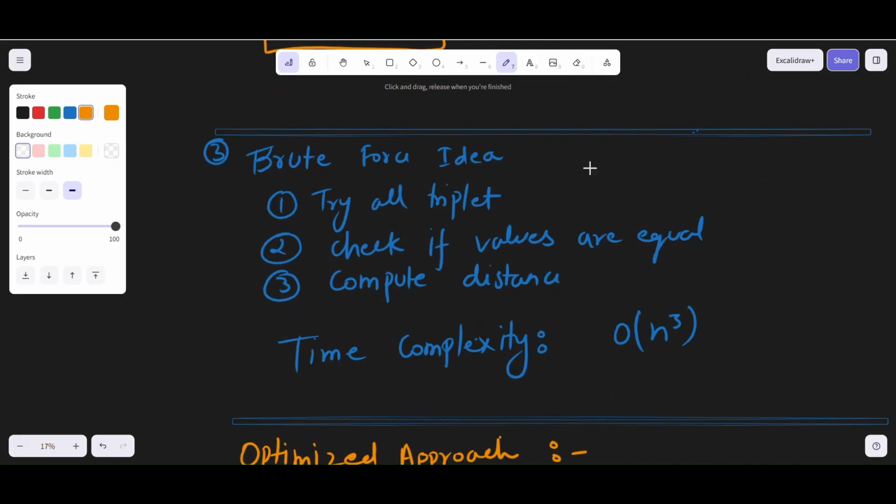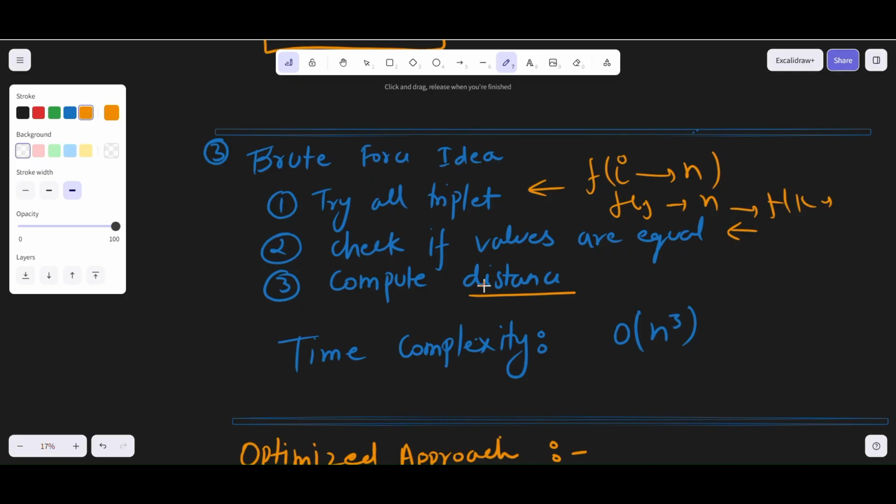The brute force idea is simple. Try all triplets, check if the values are equal, and compute the distance. Iterate i from 0 to n, j from i plus 1 to n, and k from j plus 1 to n.